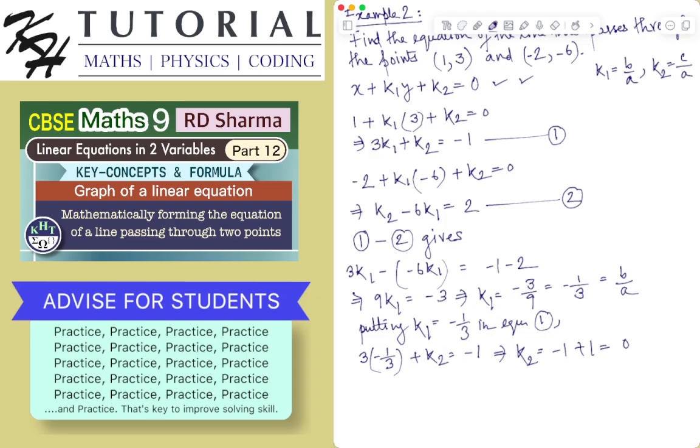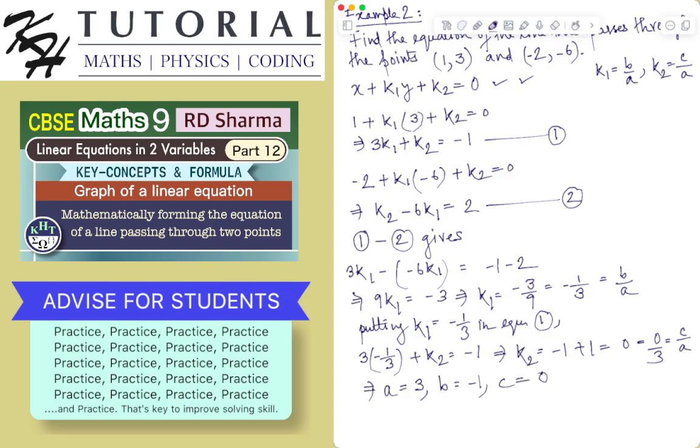Now 0, we can obviously write it as 0 by 3. So K1 is -1 by 3 and K2 is 0 by 3, which will be actually C by A. So we can say that A is equal to 3, B is equal to -1, and C is equal to 0.